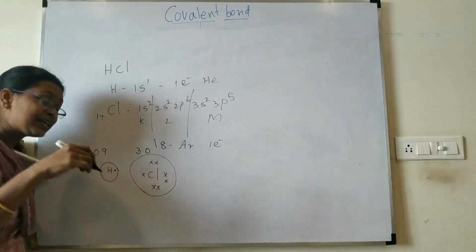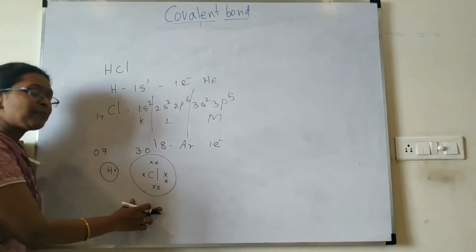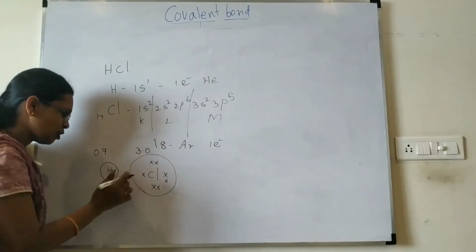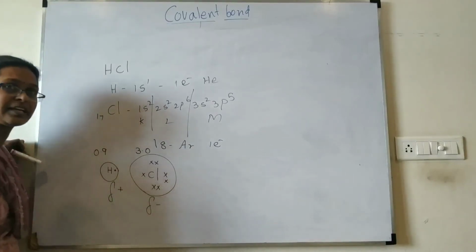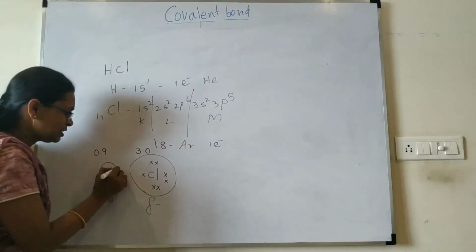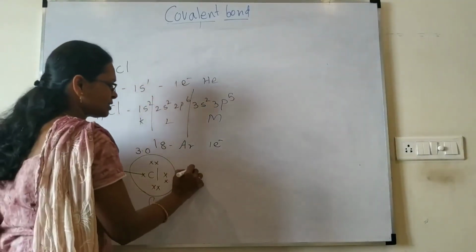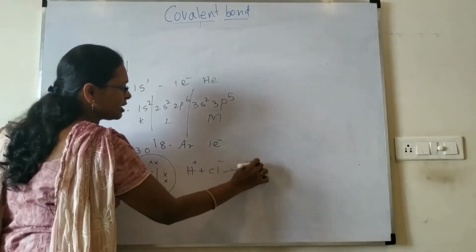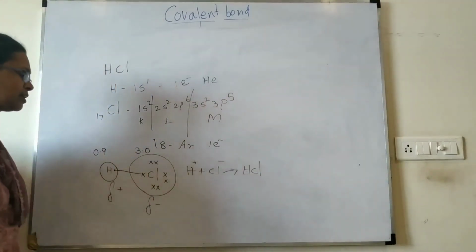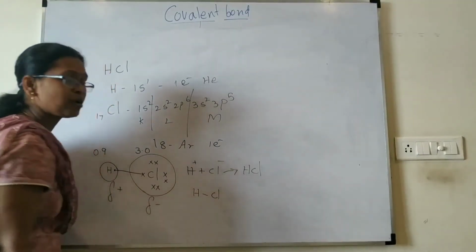Which is the bigger value? Chlorine, the higher electronegativity. So when applying charges on this molecule, it takes a partial positive charge and a partial negative charge. When H plus Cl form a molecule, we say HCl, hydrogen chloride, forming as a single bond between H and Cl.